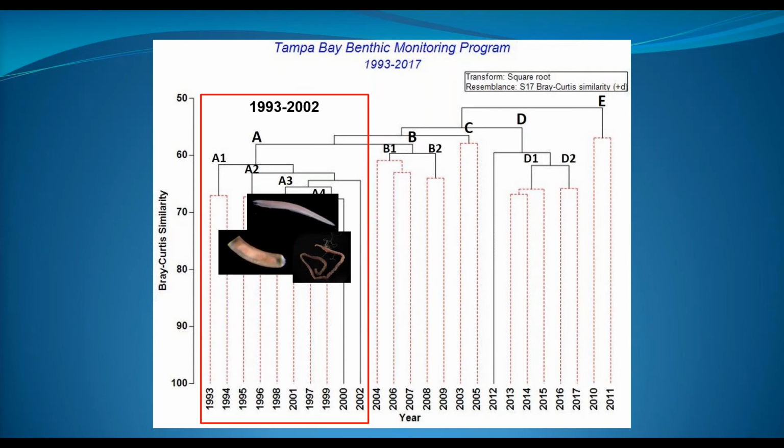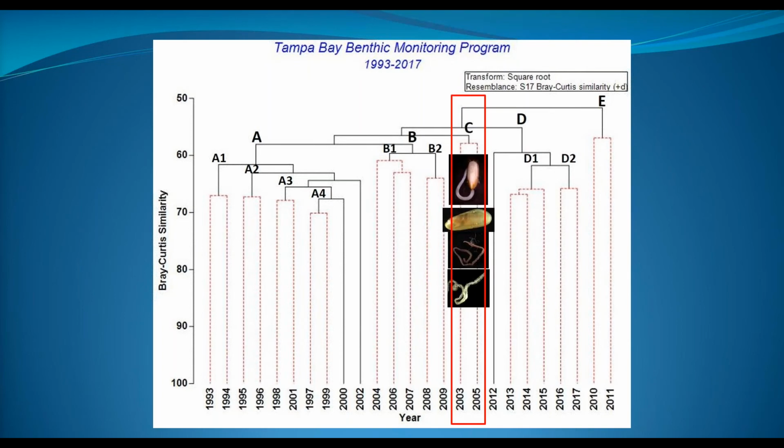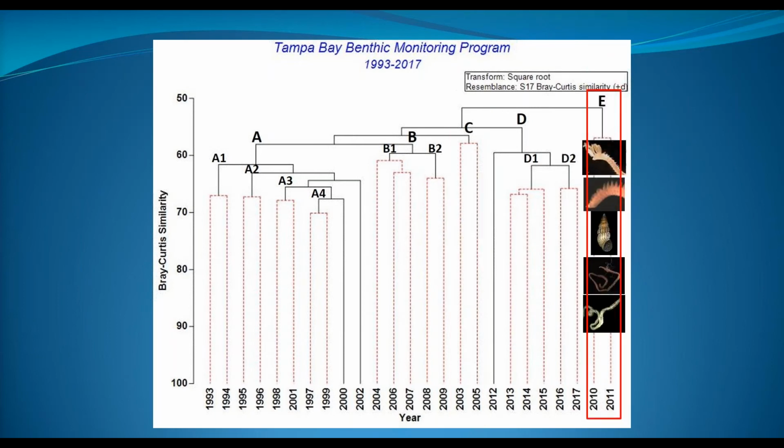From the 1993 through 2002 time period, the samples were largely dominated by Branchiostoma, Caecum strigosum, and Curtiella. 2004, and then the period 2006 to 2009, we saw more of a dominance of Curtiella. 2003 and 2005 both had a little lower salinity, and were dominated largely by Glottidia, paper mussels and Mulinia. And 2010 and 2011 grouped together with a unique species assemblage.